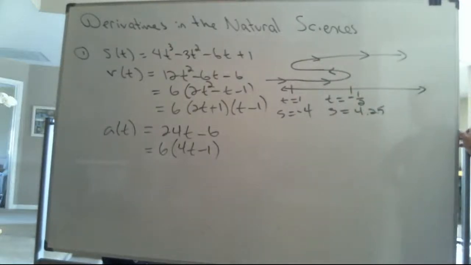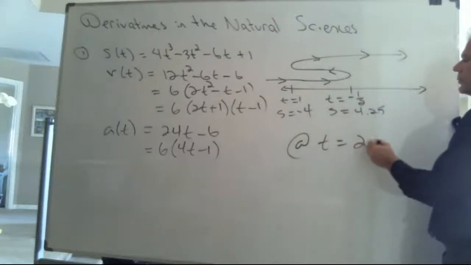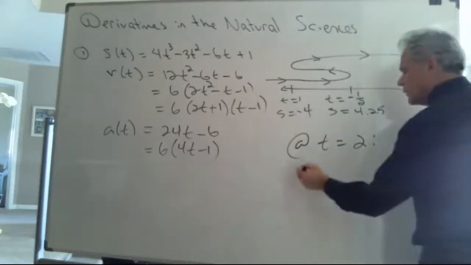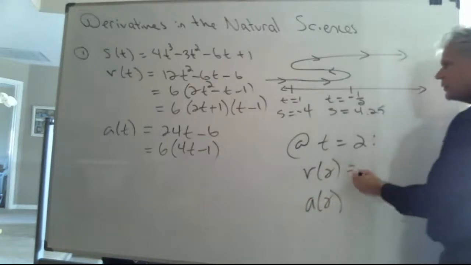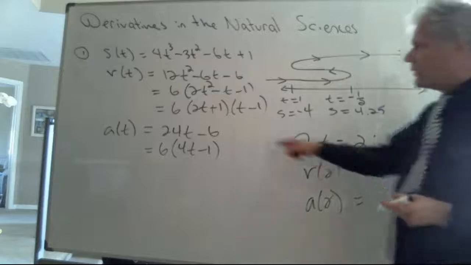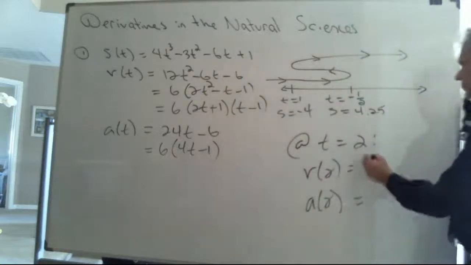So next on my list, what interesting questions can I ask? Let's do this. Next question. At t equals, how about 2? Let's talk about the velocity, and let's talk about the acceleration. Well, with these computations, it's as easy as just plugging 2 in for t. Any one of these 3 versions of my v of t, how about the last one?